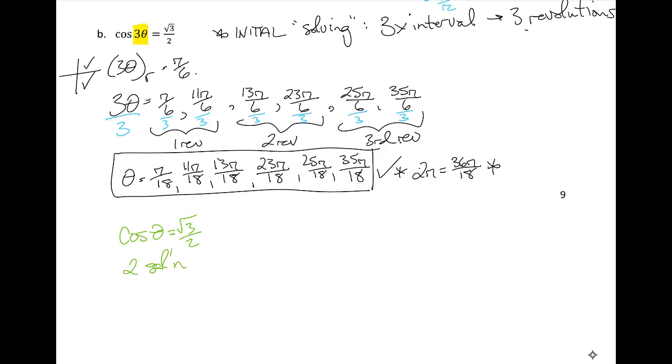But because we're dealing with a triple angle, we would expect 2 times 3 solutions. And that's what we get, 2 times 3, or 6 solutions. So that's another way to help you wrap your head around it.